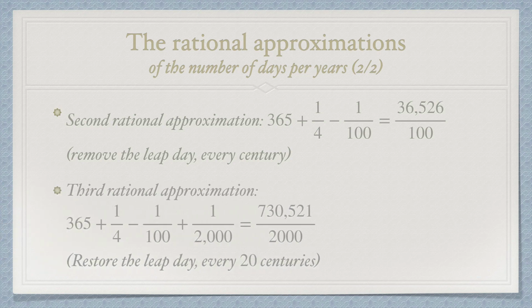And the third rational approximation is 365 plus 1/4 minus 1 over 100 plus 1 over 2000. That is 730,521 over 2000. And that corresponds to the restoring of the leap day every 20 centuries.